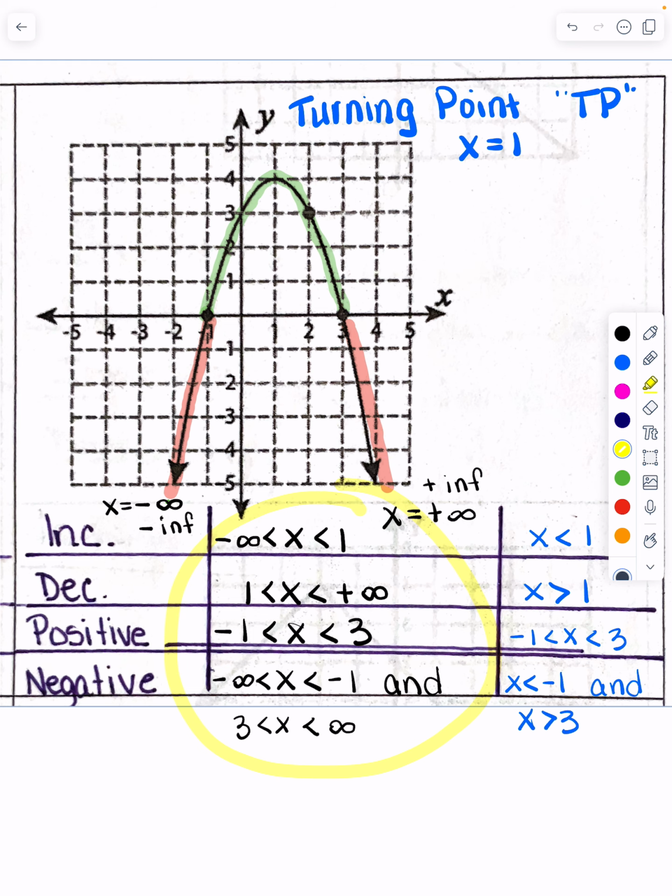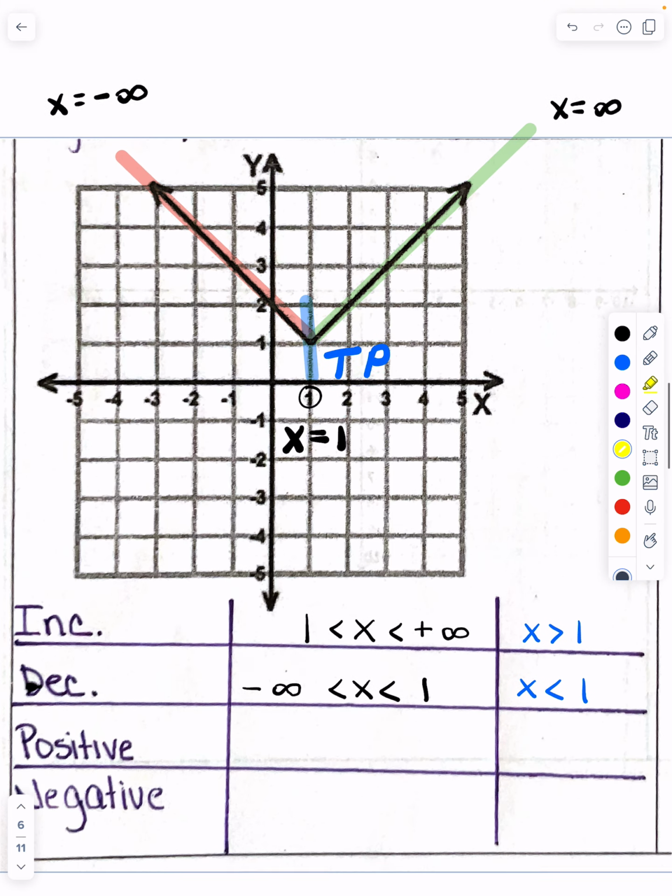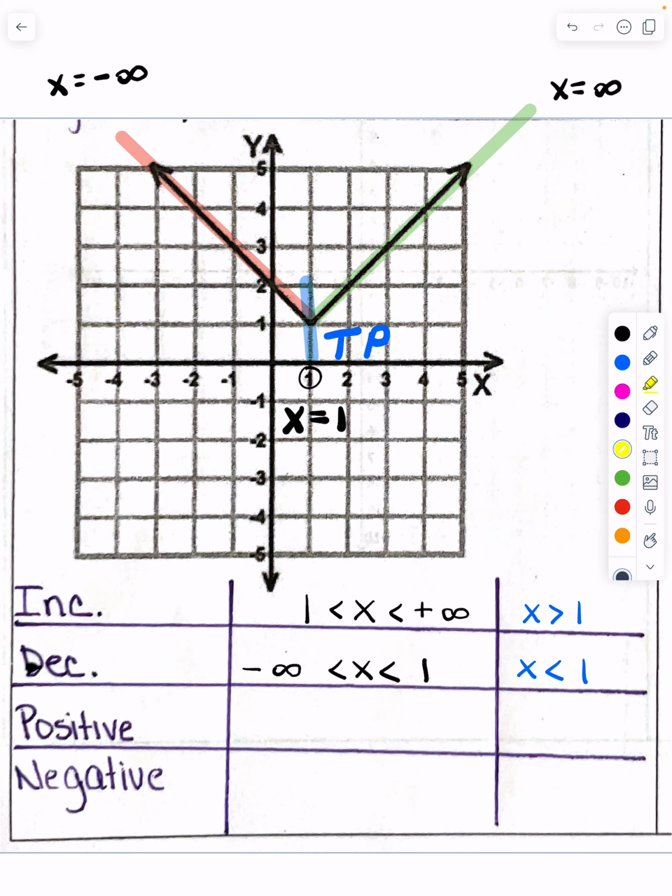All right, let's look at our last graph for when it is positive or when it is negative. On this one, when is this positive? When is this negative? Again, positive is above the x-axis. This graph is always above the x-axis. When is it below the x-axis? It isn't. It always sits above, which means it's always going to be positive.